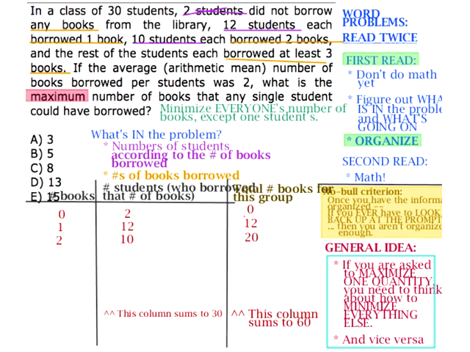Whenever you see an arithmetic mean or average of absolutely anything in the world, you should pretty much instantly convert it to a sum without even thinking about it. So if you ever see an average, arithmetic mean, just think average times count equals sum.